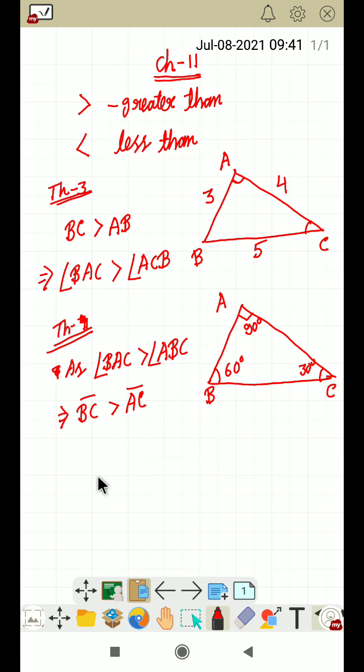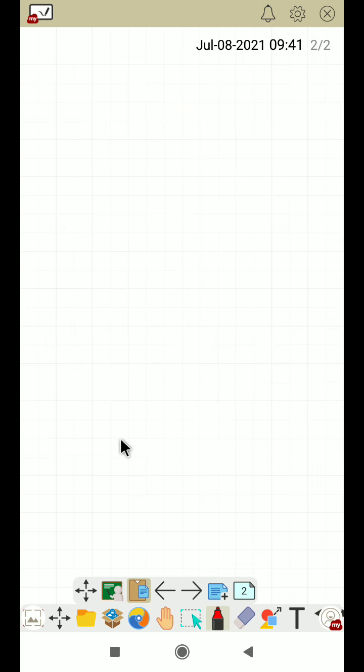Now go to our next theorem, that is theorem number 5. So theorem number 5 tells us that of all lines that can be drawn to a given straight line from a given point outside of it, the perpendicular is the shortest. So suppose this is a line AB, and there is one point O outside of this line.